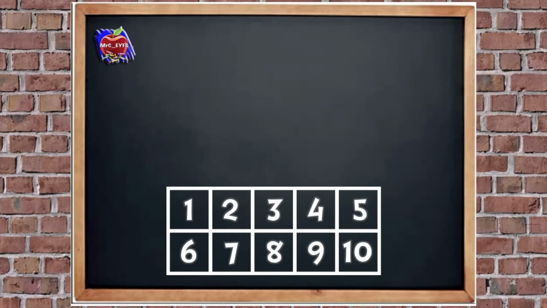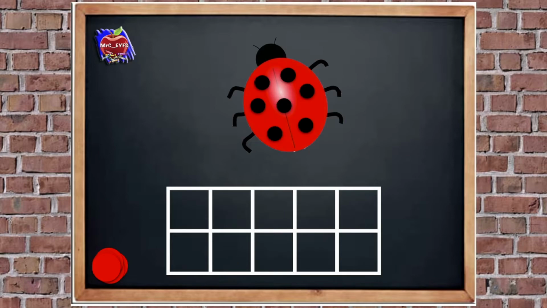All right. So here's our ladybird from earlier. And for each spot, I'm going to put 1 counter in a square. So watch carefully. I'm going to go 1, 2, 3, 4, 5, 6, 7. So the ladybird has got 7 spots. And if we look at our tens frame, you can see that I've put them in a line.